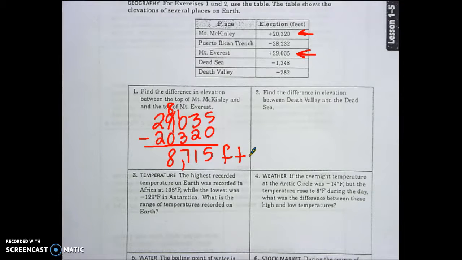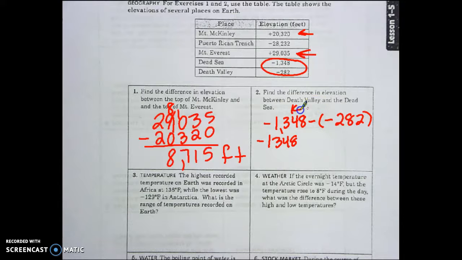Find the difference in elevation between Death Valley and the Dead Sea. So that's negative 1,348 minus negative 282. Anytime we're subtracting, we have to use the additive inverse. Keep your first number. Change subtraction to addition. Take the opposite of the second number.